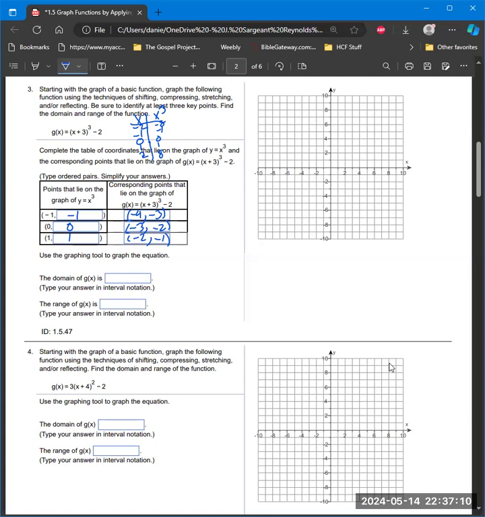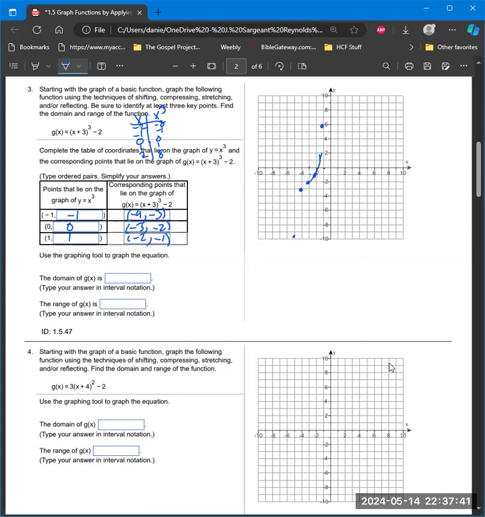I'm still going to go right 1, up 1, left 1, down 1, right 2, up 8. So 6. And then left 2, down 8. So this is going to be -10.